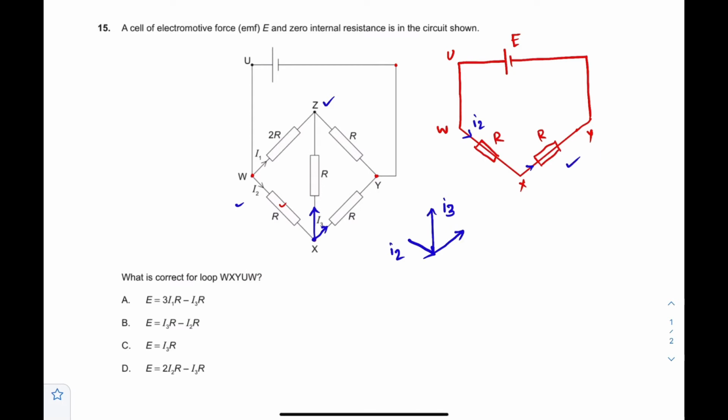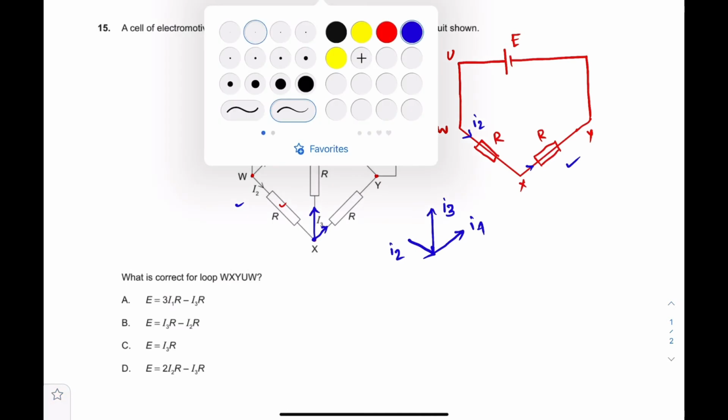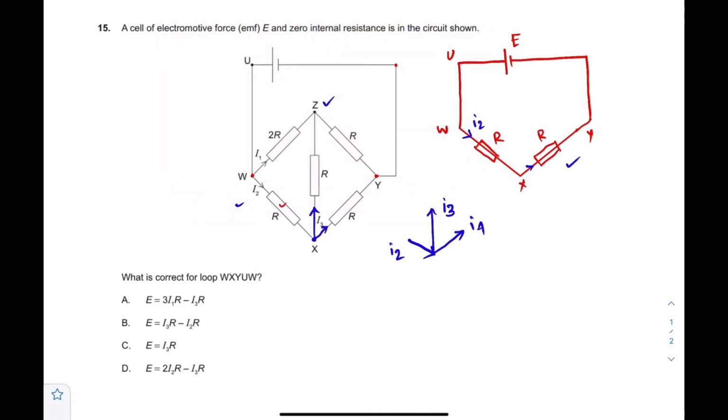Suppose the net current flowing out in this loop is I4. So I can write that the net incoming current is equal to the net outgoing current at the junction X. The net incoming current is I2. The net outgoing current is I3 plus I4.